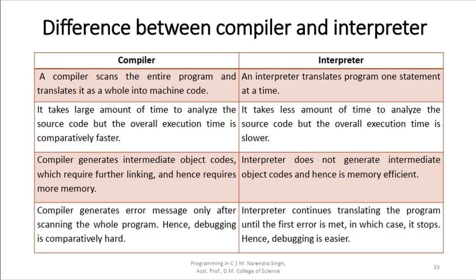Since compiler gives us the error messages only after scanning the whole program, debugging is difficult or it takes time, because at the end of the process, it shows us all the errors together. But interpreter translates the program line by line, and whenever some kind of error is met on the way, it stops translating and shows us the errors. Hence, correcting the errors or debugging is easier.